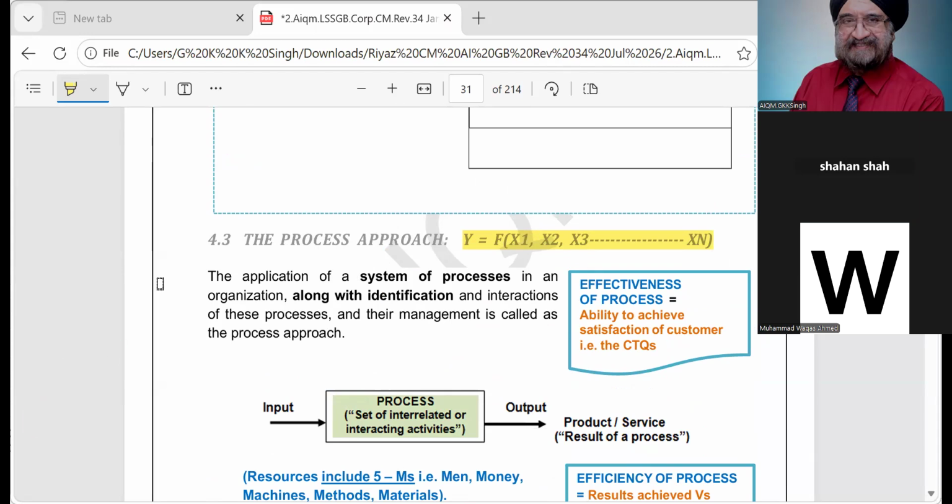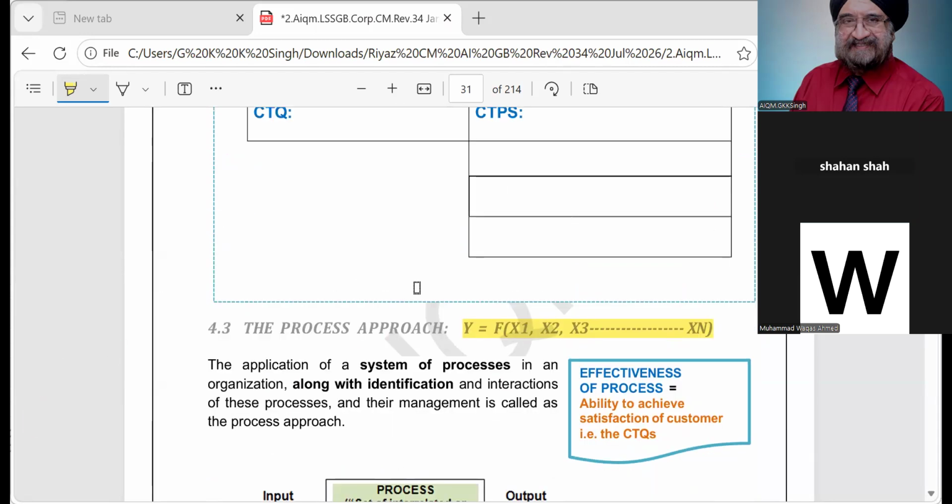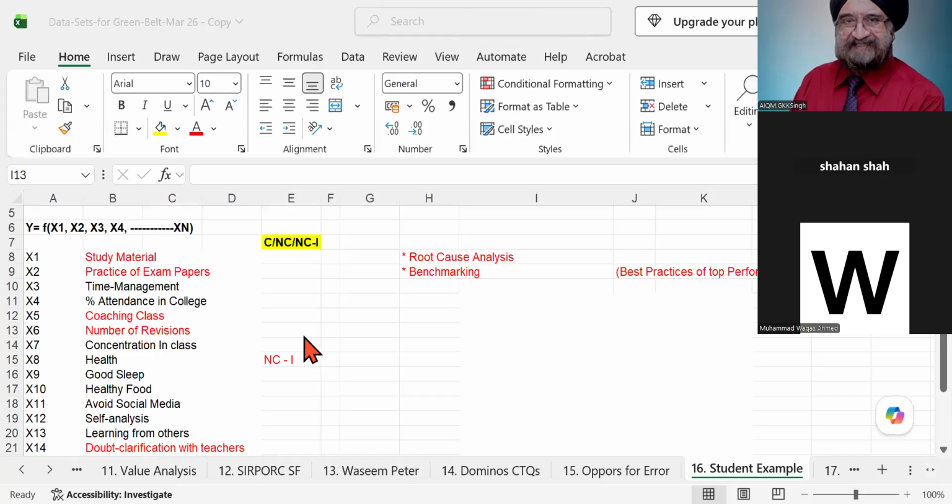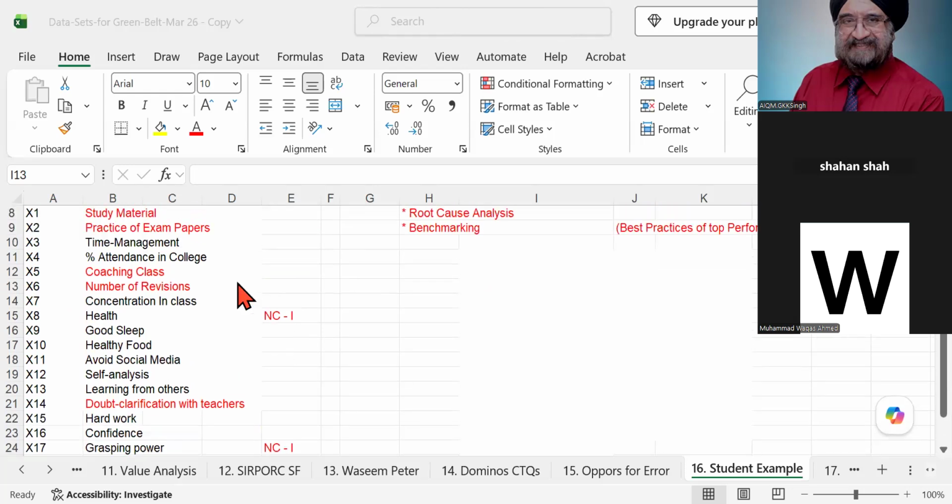Okay, so we were talking of this student example. And here we have listed the 5 critical to process CTPs. If he has to achieve a CTQ, he has to focus on improving performance of the CTPs.